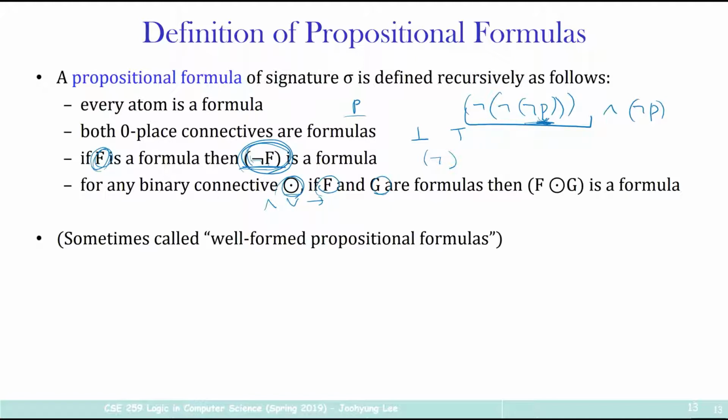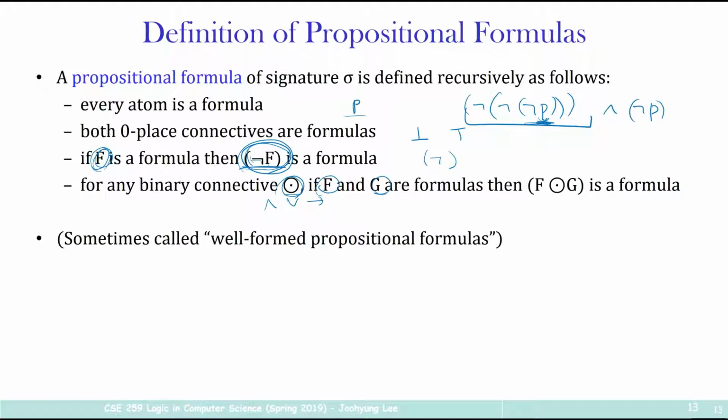Okay, let me ask you, which task is easier: to show that something is a formula, or to show that something is not a formula? What is the easier job for you to think about? Not a formula. Okay, any other opinion? The answer is actually the opposite.